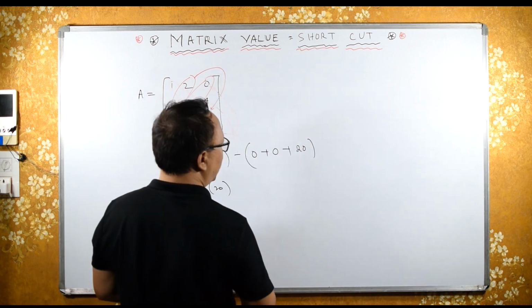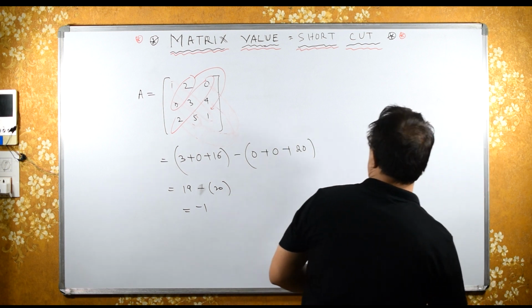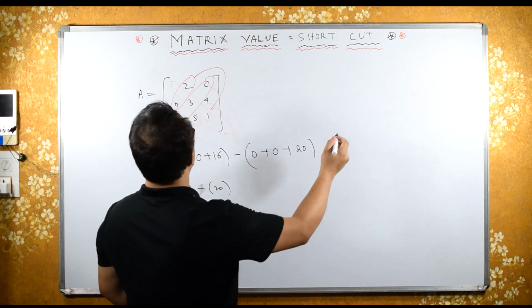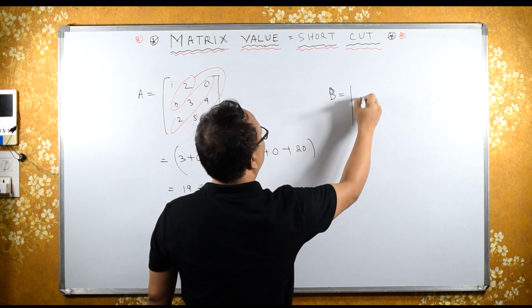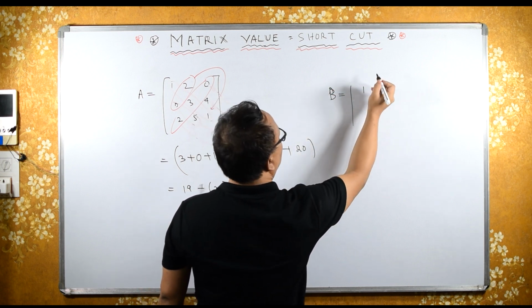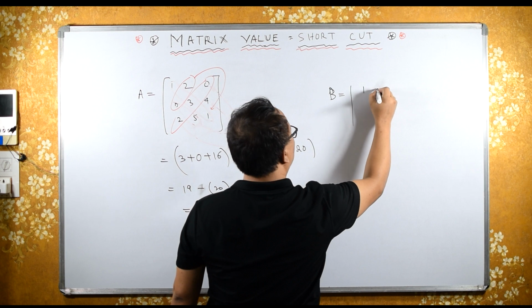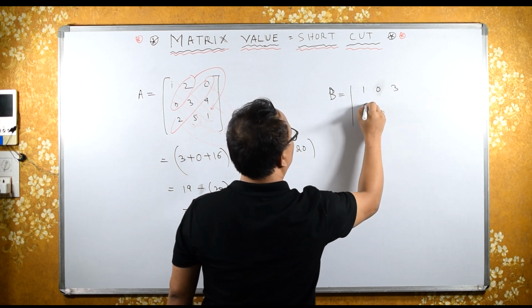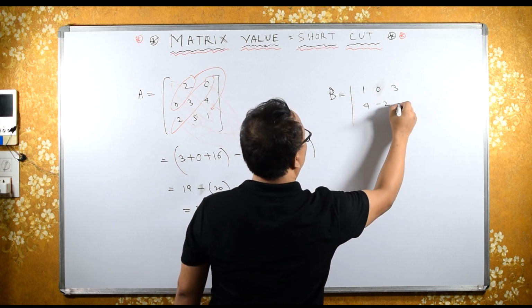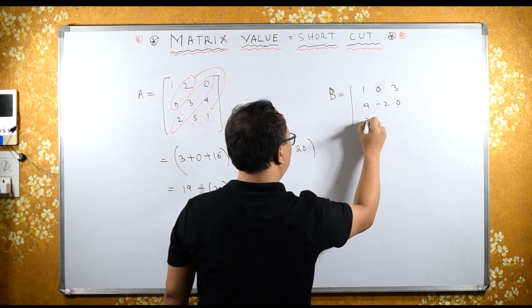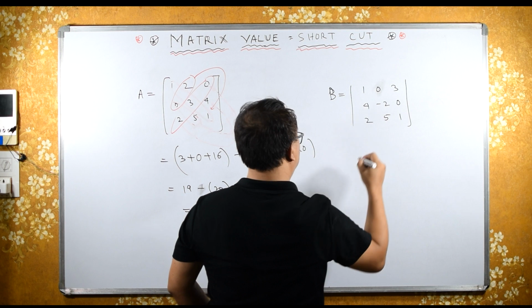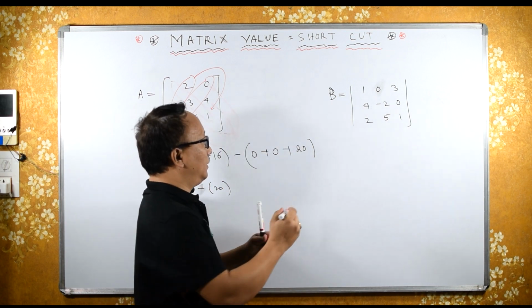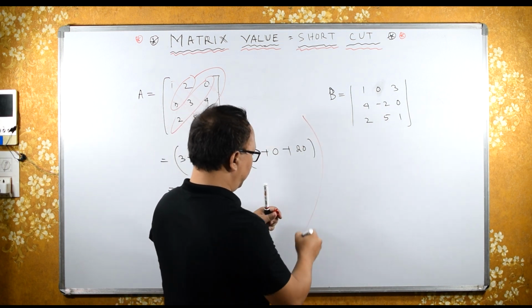Determinant. Let's take another example. For example, matrix B is equal to 1, 2, 1, 0, 3, 4, minus 2, 0, 2, 5, 1. This is equal to what?